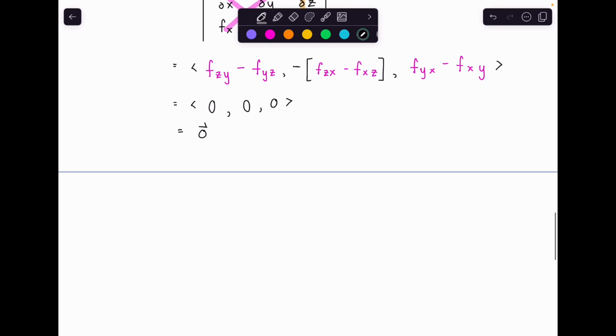So as a result of this, we get the following theorem. It doesn't have a name, something you just get to use the result of.